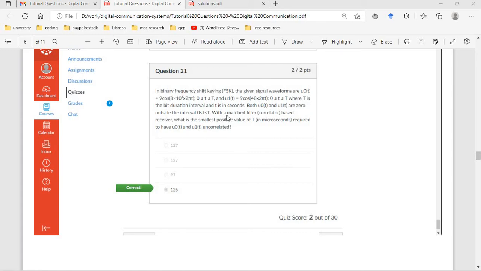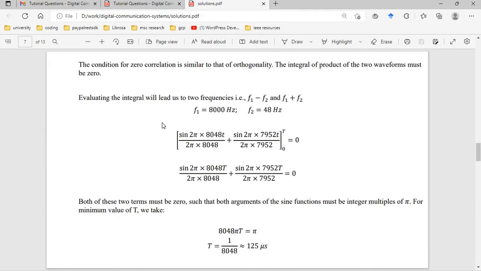With a matched filter correlator based receiver, what is the smallest positive value of capital T in microseconds required to have U0 of t and U1 of t uncorrelated? Okay, so we have a situation where you require two signals or two waveforms to have zero correlation.